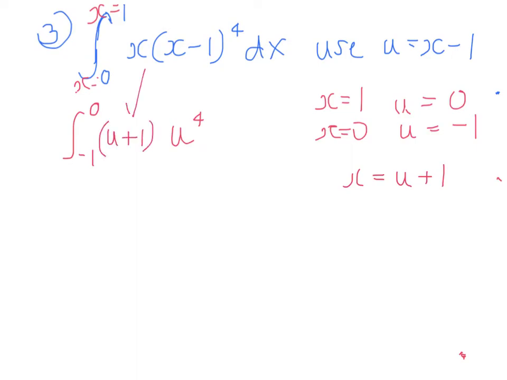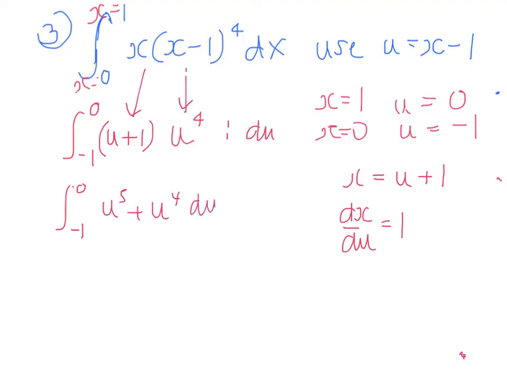So x is replaced by that, that's replaced by that. We've got to have a dx by du term, but this time dx by du is just 1. So multiply that by 1, and then we can integrate with respect to u. So that simplifies to u to the 5 plus u to the 4 du between 0 and minus 1.